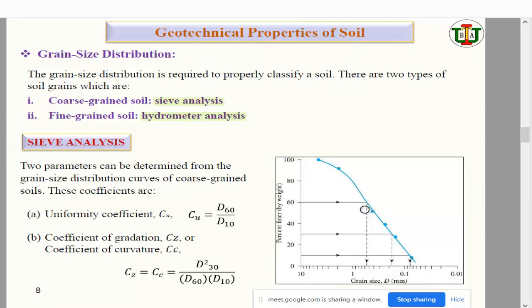So what is the main target of doing this analysis, sieve analysis and hydrometer analysis? What is the main intention of doing this? Chad Mahmud, what is the main focus of doing this test in your experiment? Maybe you did it in Geotechnical Engineering 1.